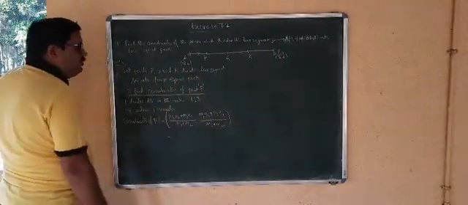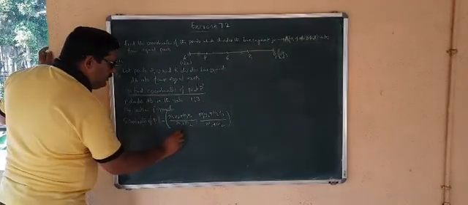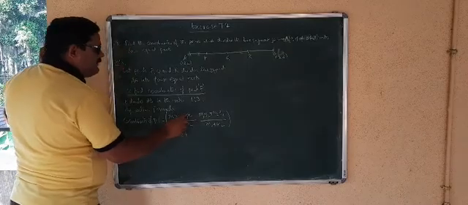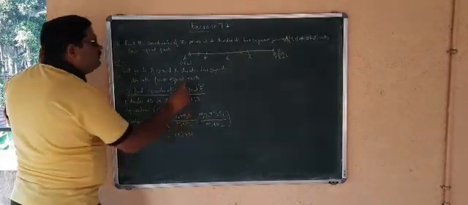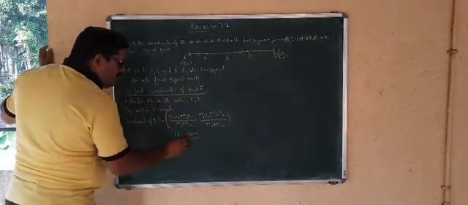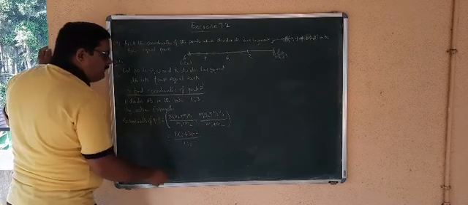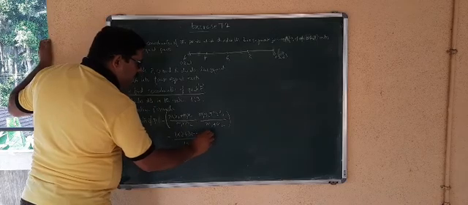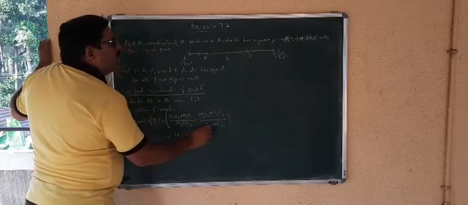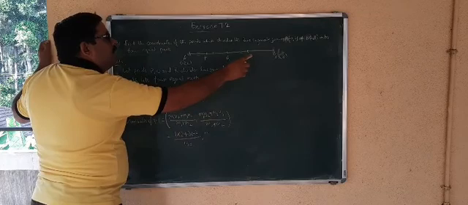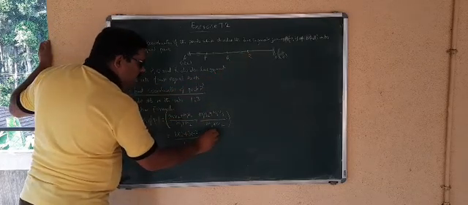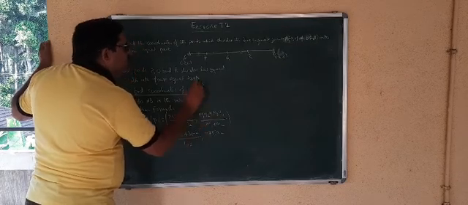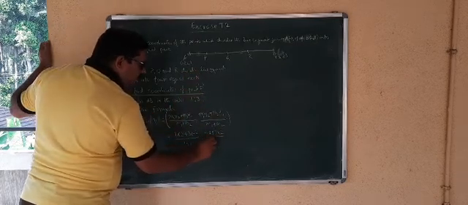So, 1 into 2 plus 3 into -2 by 1 plus 3, comma 1 into 8 plus 3 into 2 by 1 plus 3.